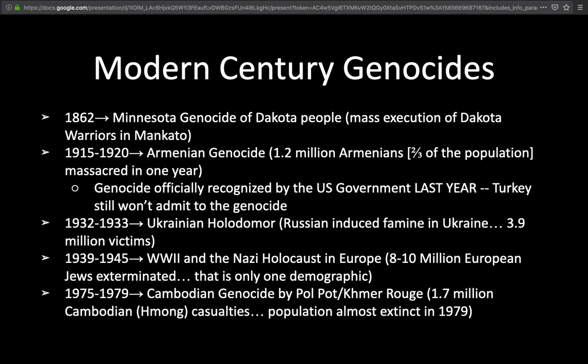And this was the attempt to wipe out an entire ethnic group using extremist communism, essentially. One of the bigger things in this genocide was the targeting of intellectuals. And glasses were seen as a sign of intellectualism, which means that people were targeted who wore glasses. So glasses are still triggering for survivors of that regime.